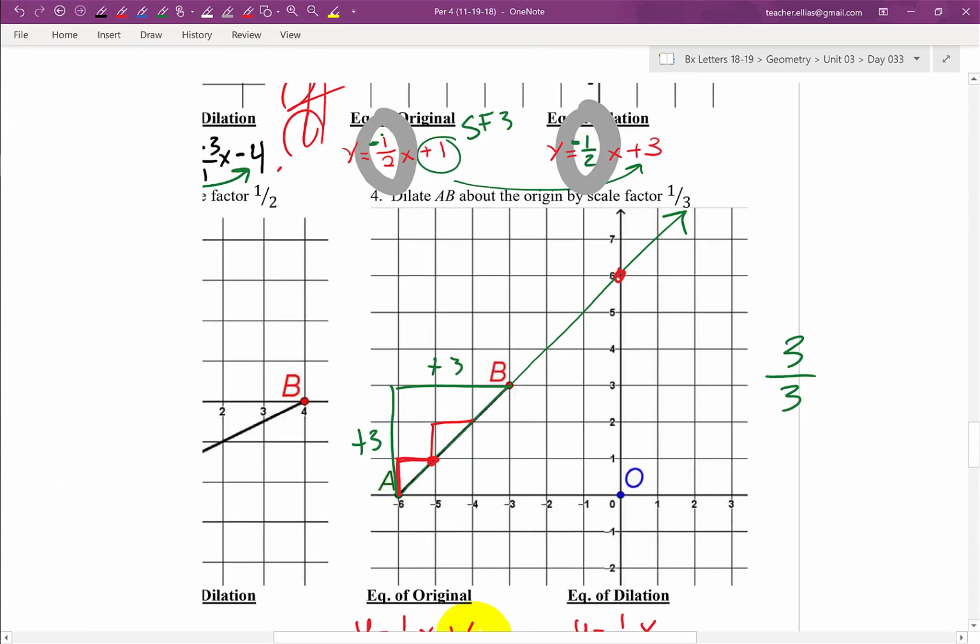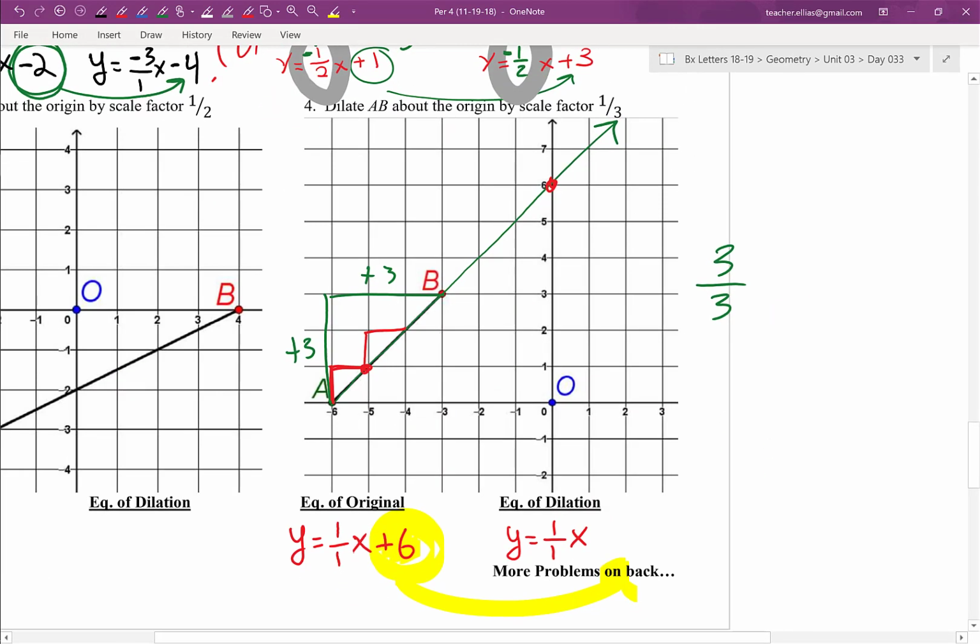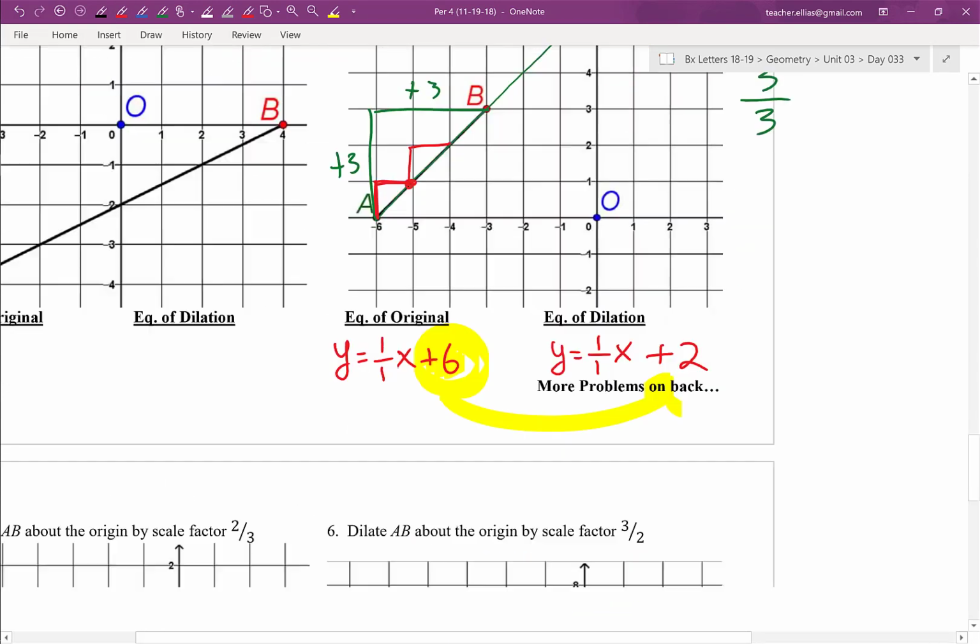So now, Xavier, on your calculator, can you type in our original y-intercept, and then do times, and then our scale factor? It becomes... Good. That's the lesson. Let's summarize it.